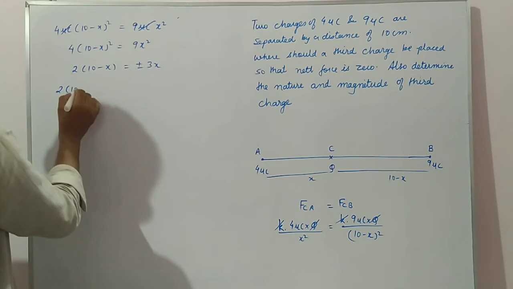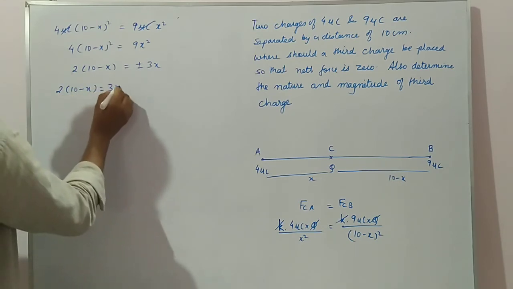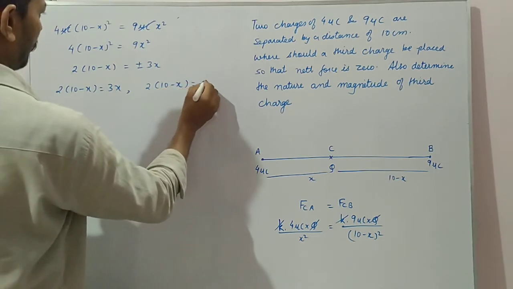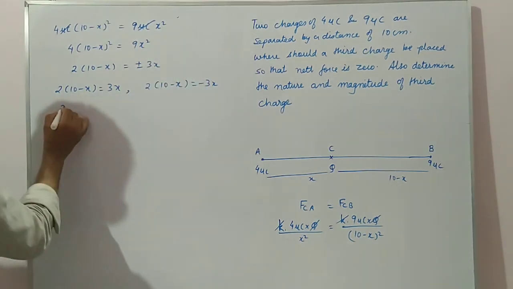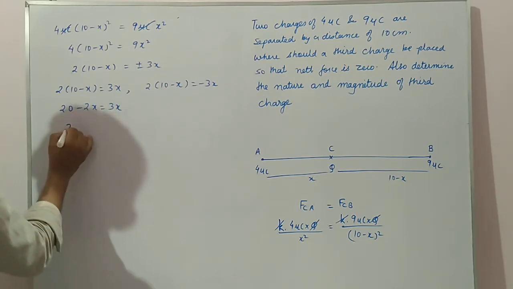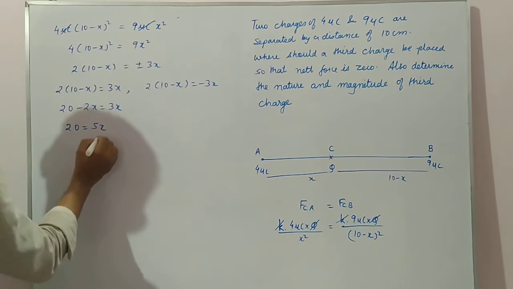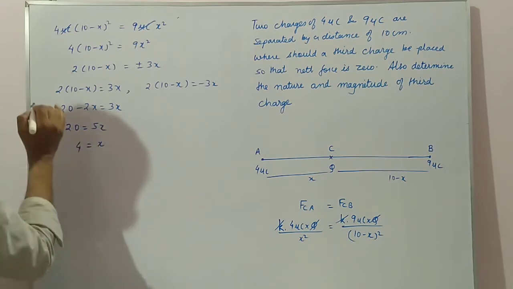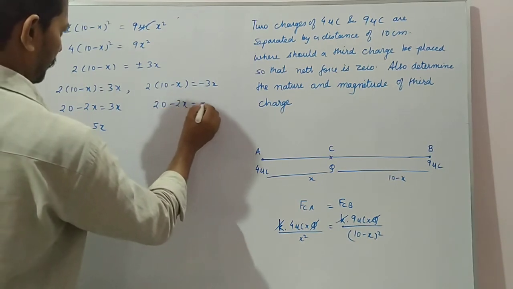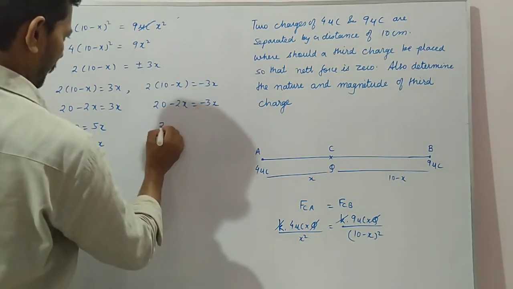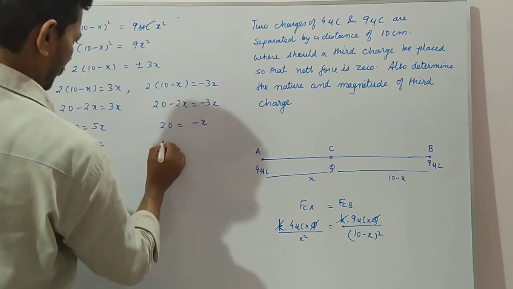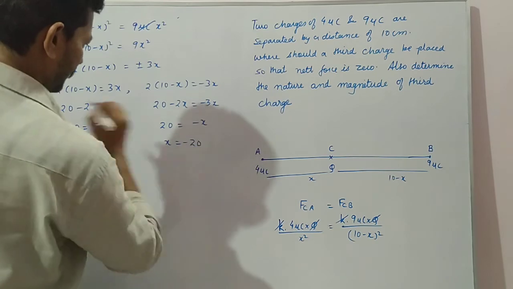So 2 into 10 minus x equal to 3x. 2 into 10 minus x equal to minus 3x. 20 minus 2x equal to 3x. 20 equal to 5x, x equal to 4. Here, 20 minus 2x equal to minus 3x. 20 equal to minus x. x equal to minus 20.